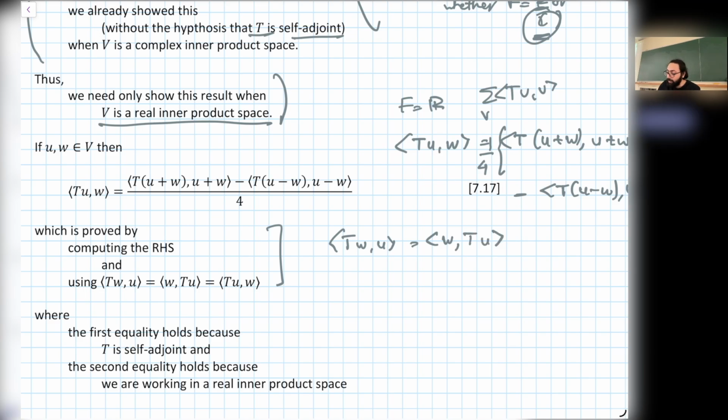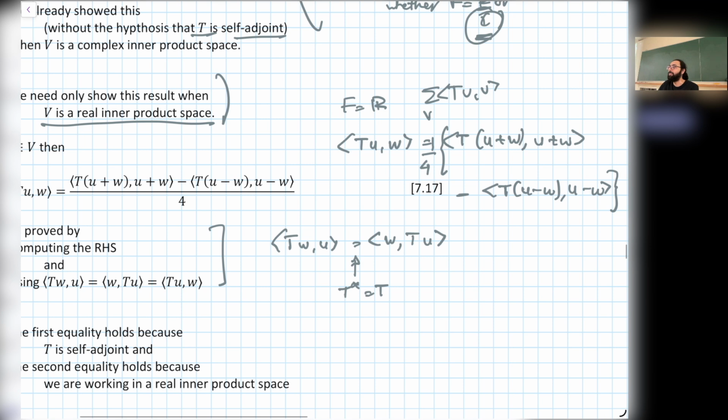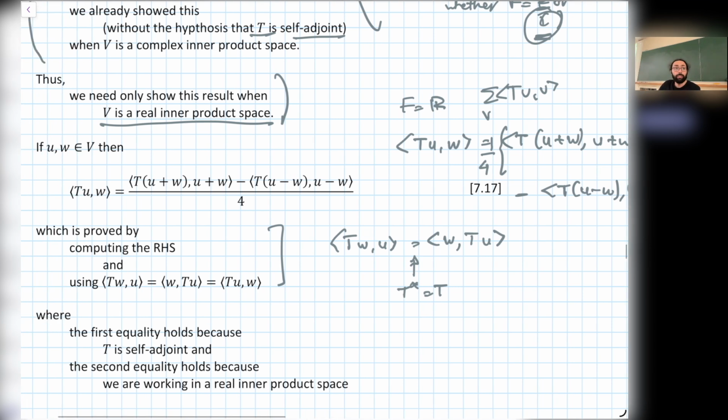When you write this, what are we assuming? Exactly, because in general there would be a T star on the other side, but here we are using T star equals T. This is why you couldn't write it without the assumption. You couldn't write it as a sum of <Tv, v>. To be able to write it as a sum of <Tv, v>, we're using the property that T star is T. Is that okay? That's the crucial observation.